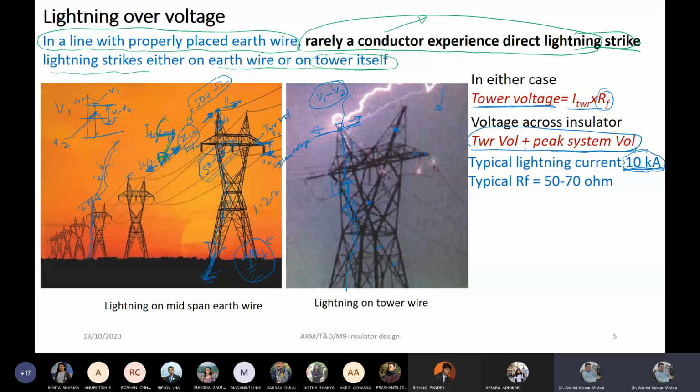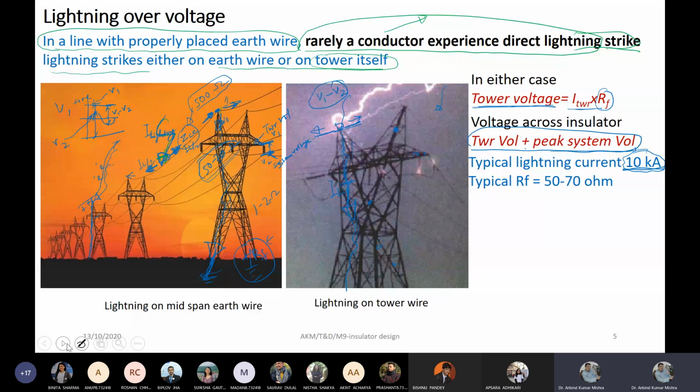Even so, if we design the system for, say, 10 kiloampere and a 40 kiloampere lightning current comes, definitely our system will not be protected. So we cannot guarantee that our protection system is 100%, but we cannot go for that rare condition because the cost will increase.